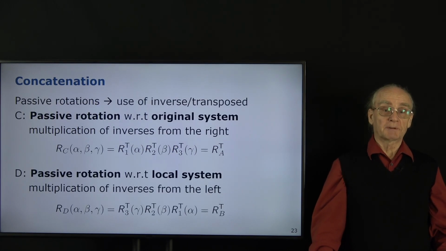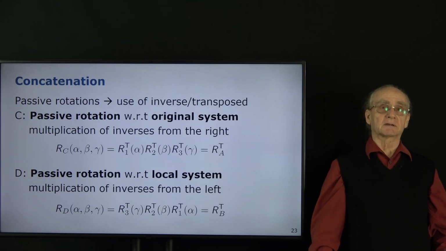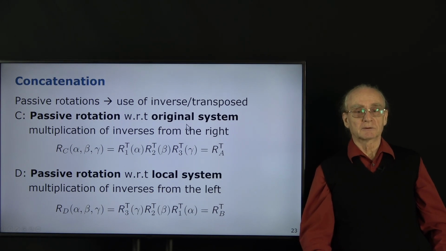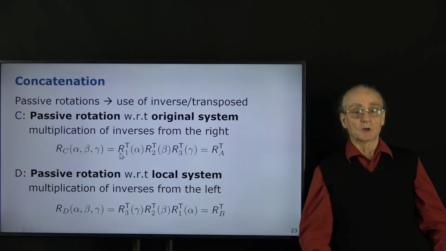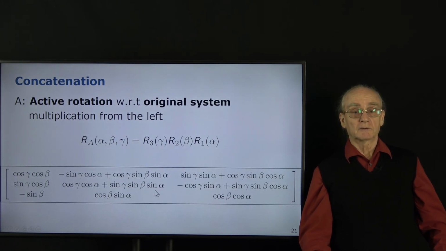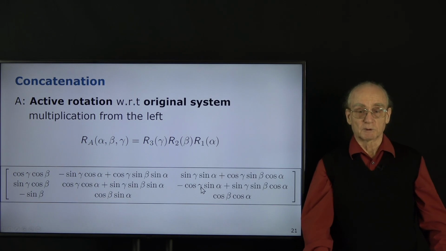Now, what happens if we have a passive transformation? This is easy now, after what we have discussed last time. It's just a transpose of the corresponding active transformation. So, a passive rotation, if we describe it in the original system, is nothing other than the inverse or transposed of the matrix which we know from case A. So if we take the rotation matrix of A, transpose it, we get the rotation matrix for case C. If you want to know the K_C, you just have to take this matrix and transpose it.